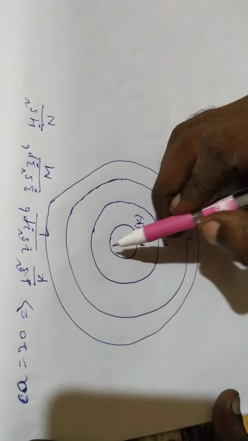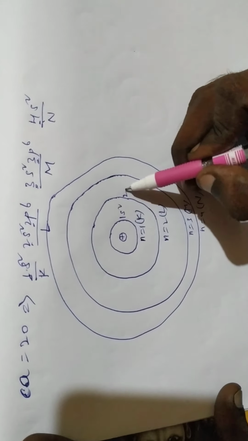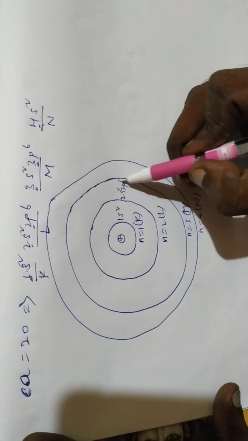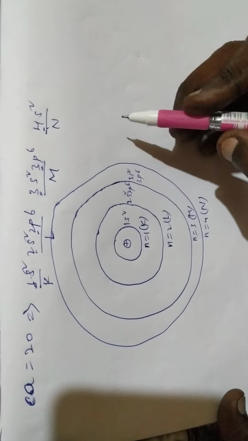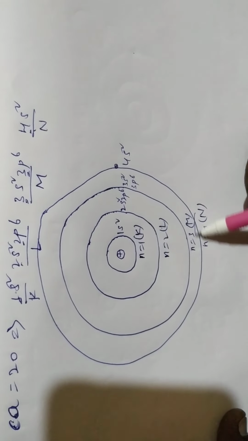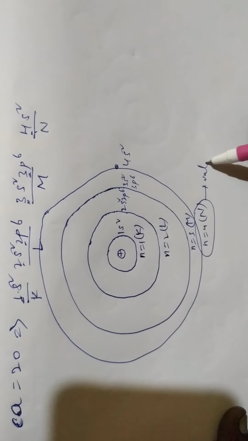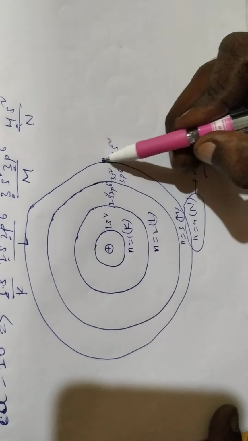Now here the electron configuration is 1s2, 2s2, 2p6, 3s2, 3p6 and 4s2. N shell is the valence shell. So the electrons present in the valence shell are valence electrons.